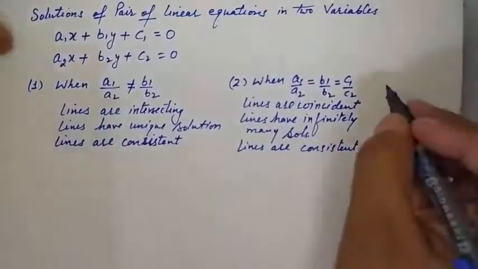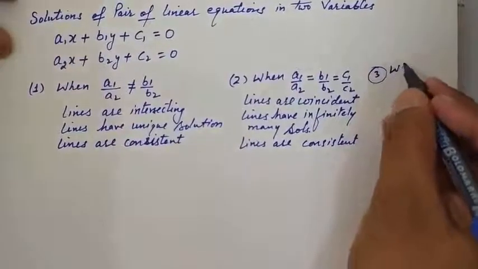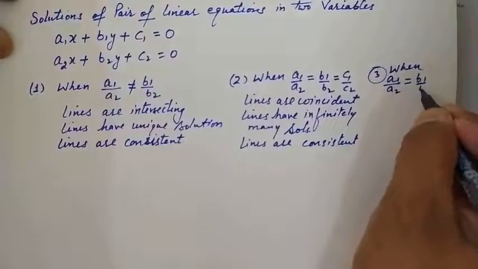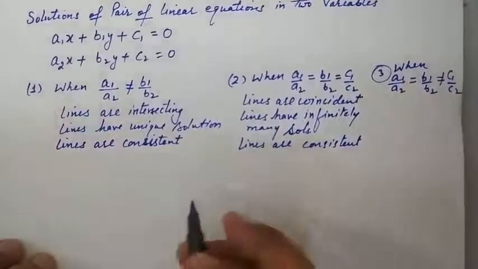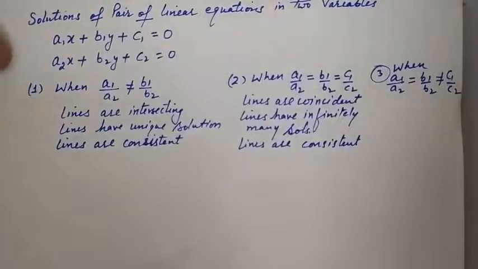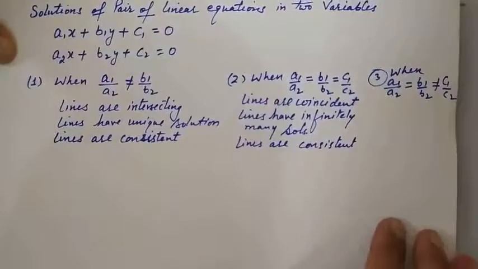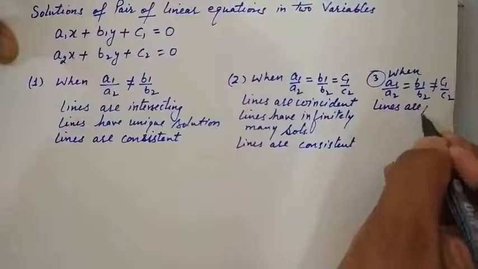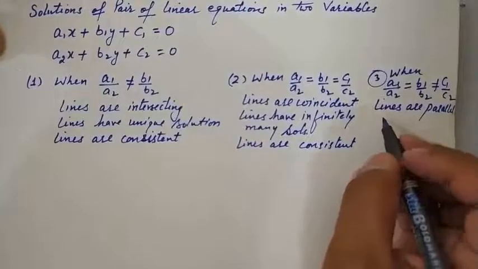So the third condition is when a1 over a2 is equal to b1 over b2 but does not equal c1 over c2. Here the lines are parallel and there is no solution, because the lines are not intersecting at any point, and this pair of lines is called inconsistent. So we'll write here: lines are parallel, there is no solution.